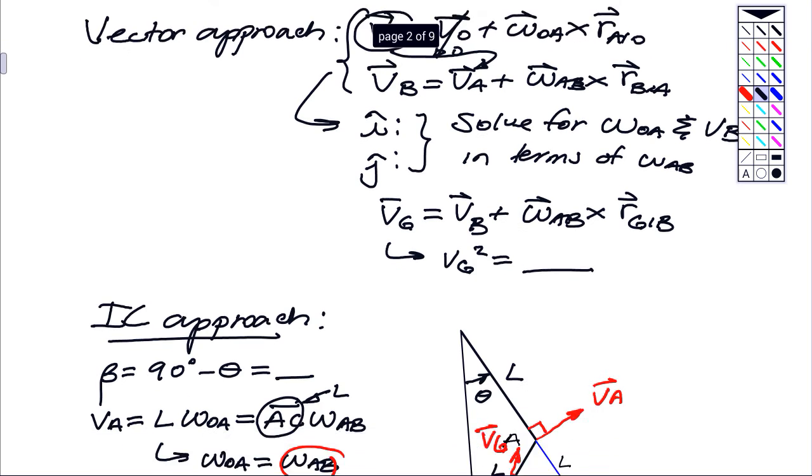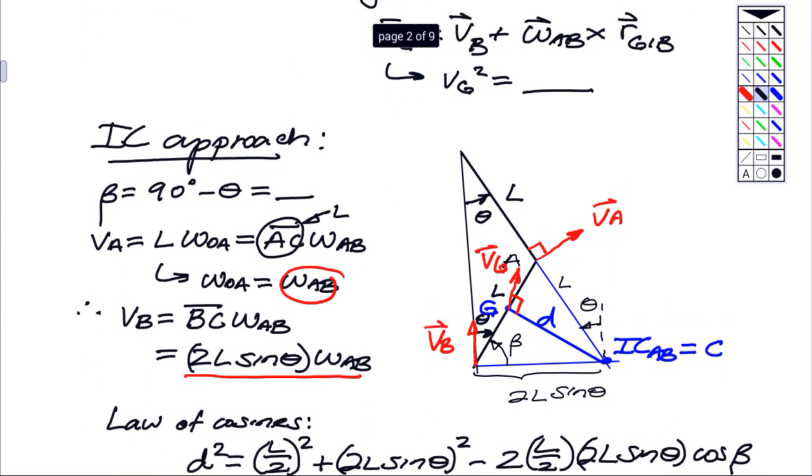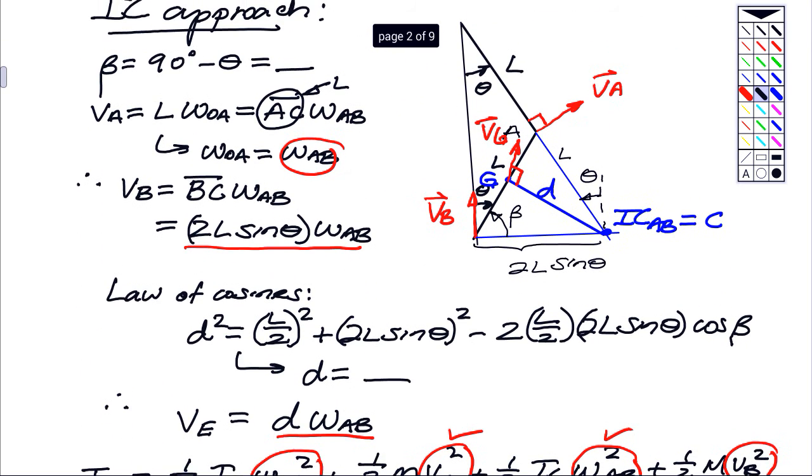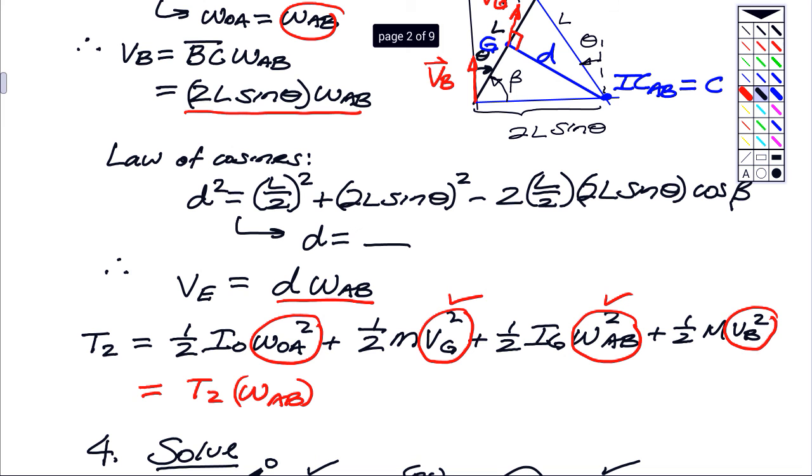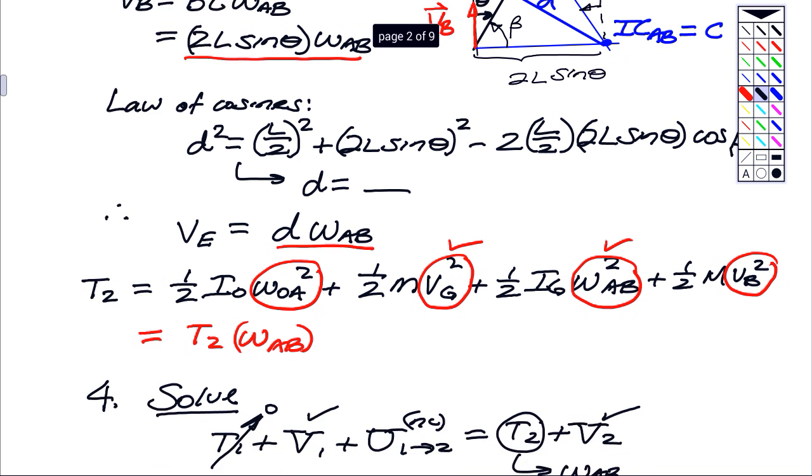You may be saving a little bit of effort by finding the instant centers, but that did require us to do a little bit of trig using the law of cosines. In any case, we got a work energy expression all reduced down to a single unknown through the kinematics. We solve that, and we get the answer.